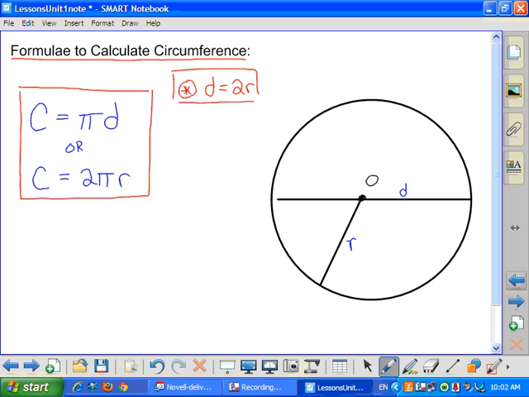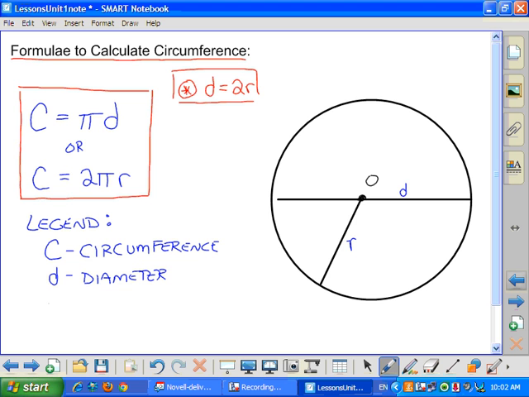Now let's talk about a legend quickly here, so that when you look back, you can remember what each variable represents. So C is our circumference, D is our diameter, and R is our radius.